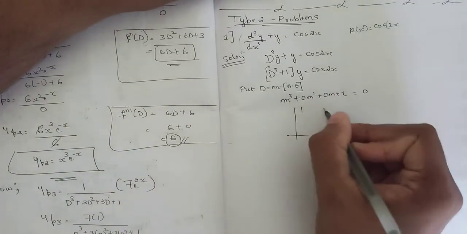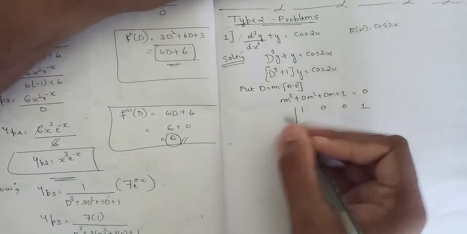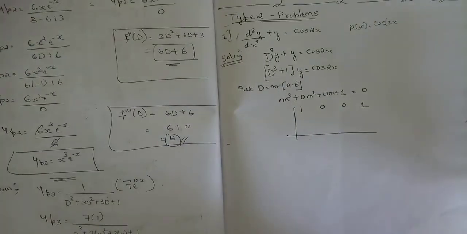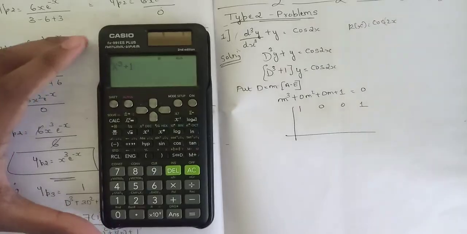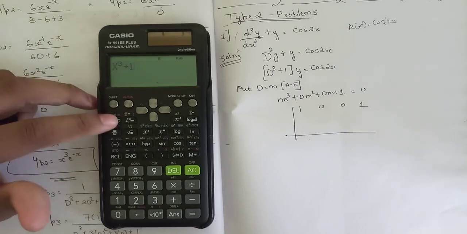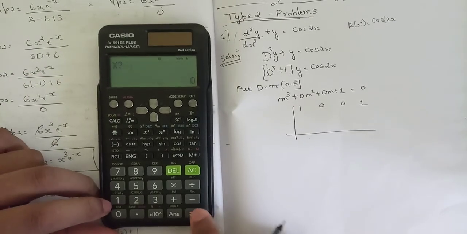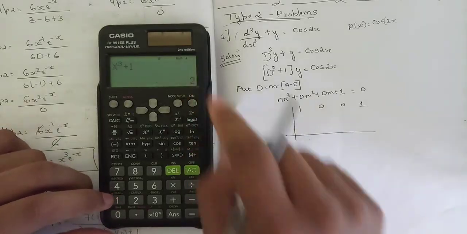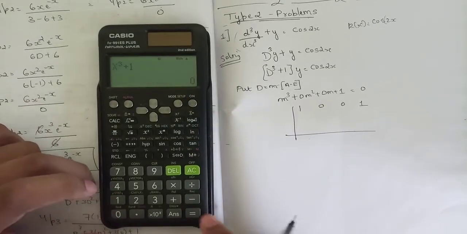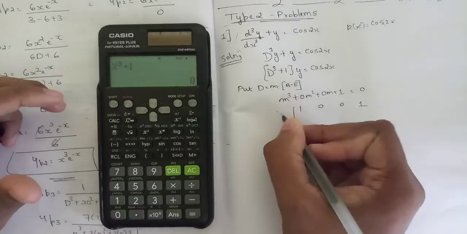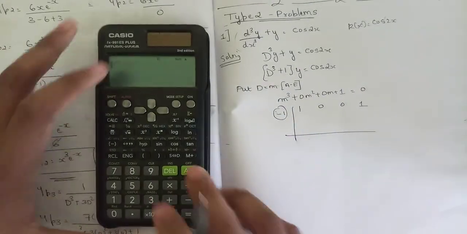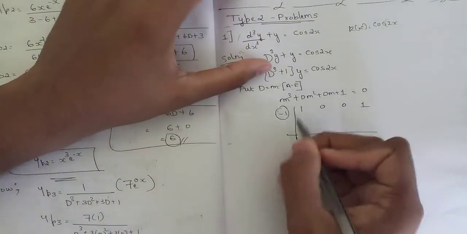Take the synthetic division, take all the coefficients, then try to find the first root. You see I have written the equation. Press the calc button. First value, let me take it as 0, 1, so minus 1. See, for minus 1 I am getting the value as 0. So this is the first root.